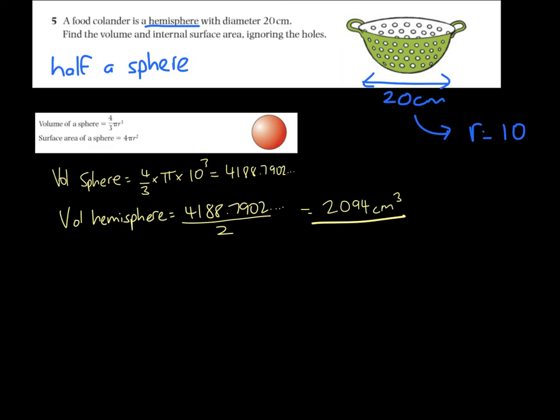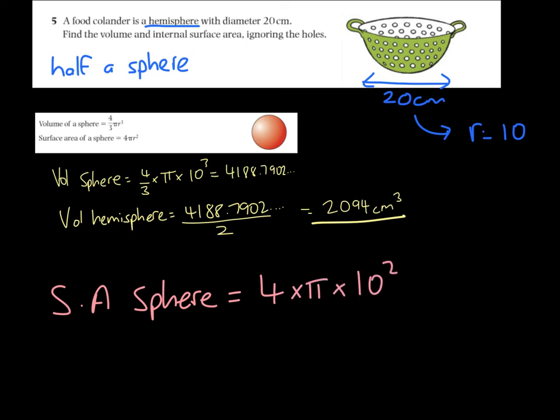Now let's work out our internal surface area. Internal surface area means we don't have to worry about a circle lid on it. Look, it's an open shape. So let's do the surface area of a sphere first. That's really simple. It's just 4 multiplied by pi multiplied by the radius squared, so that's 10 squared.